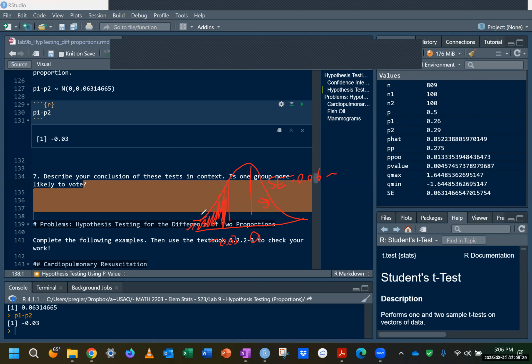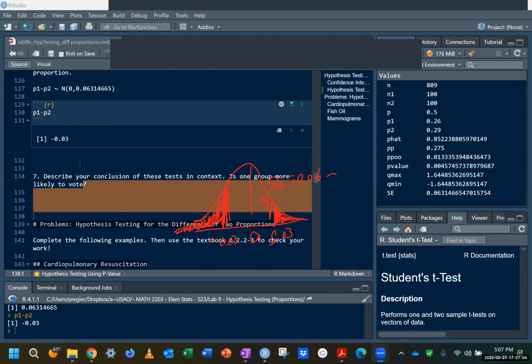That's what our p-value is. There's a possibility that the value is 0.03 to the left, or this number or less. But we also have to consider maybe that number could have been equally far to the right. So we have to find the upper and lower tails of this value. So that'd be 0.03 to the right.